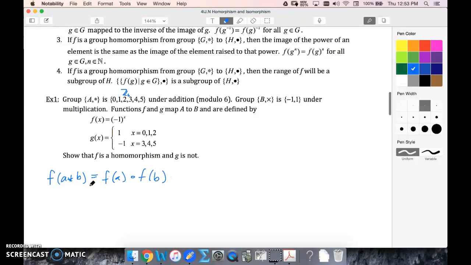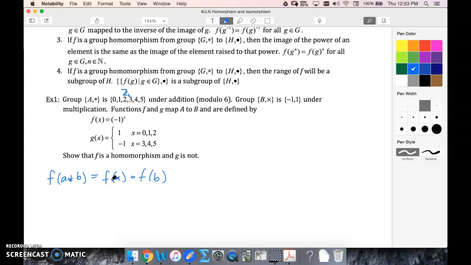All right, well, A star B, we're going to take any two elements in A and perform our star operation, which is addition mod 6. And then we want to show that using this function, we're going to end up with the same result as if we use this operation and this function together.